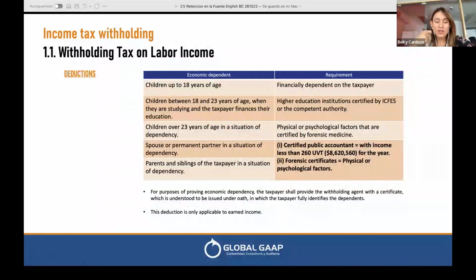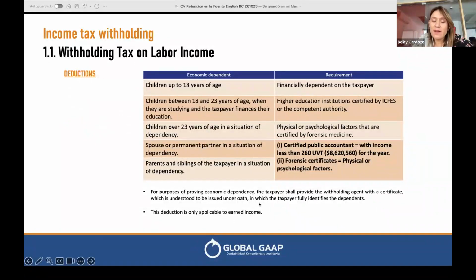You have to show a document to the company that is calculating your withholding tax, so they will have a proper document in this regard. Your spouse or permanent partner. These titles of spouse or permanent partner are valid under Colombian law.